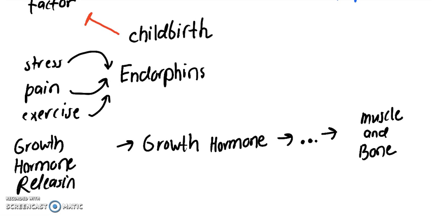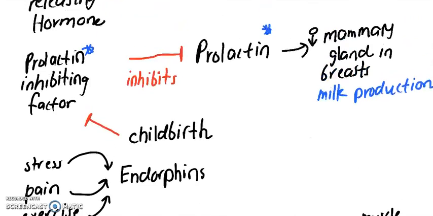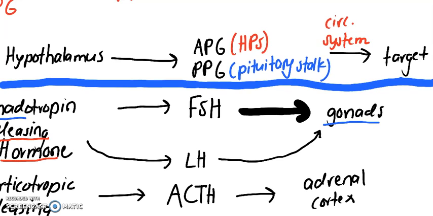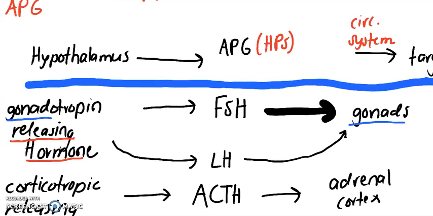So this is the command for that. Growth hormone releasing hormone. And that is all our FLAT PEG hormones. We're not going to mention oxytocin and ADH for now. So we'll just concern ourselves with the anterior pituitary gland.